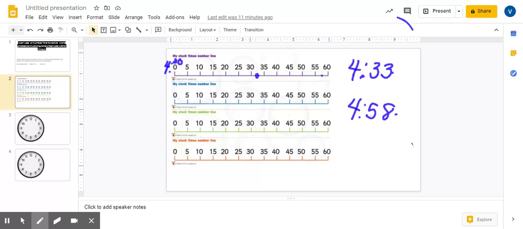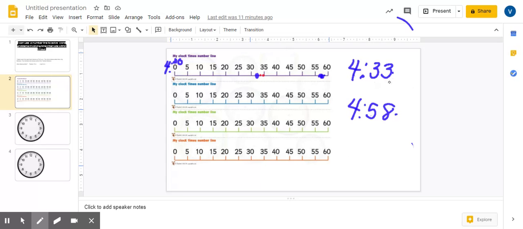So I'm at 4:58, 55, 56, 57, 58. Okay. So let me go ahead and change colors so we can see a difference. So this is at 4:33, 4:34, 4:35.